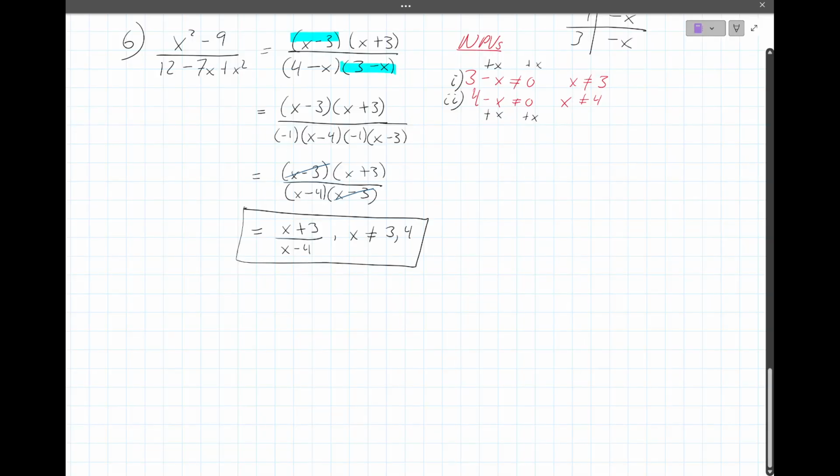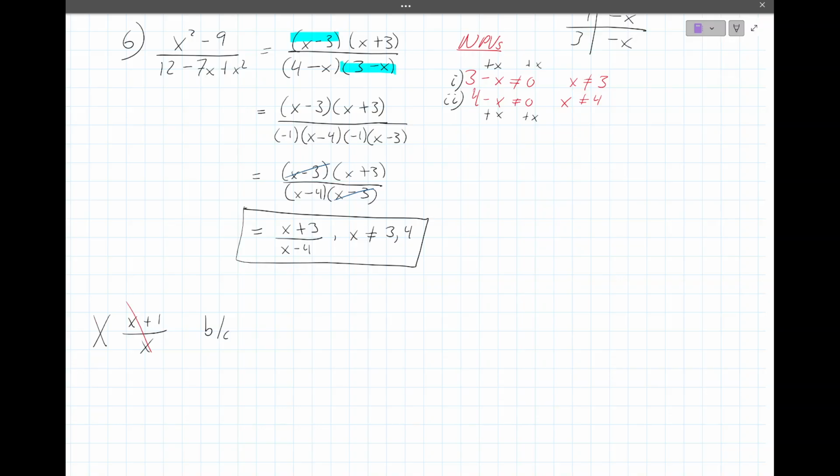Some common errors to watch out for. So if I have x plus 1 over x, we don't do this because that's not allowed. That's wrong, right? We don't do this. That's incorrect. Because what we actually have is x over x plus 1 over x.